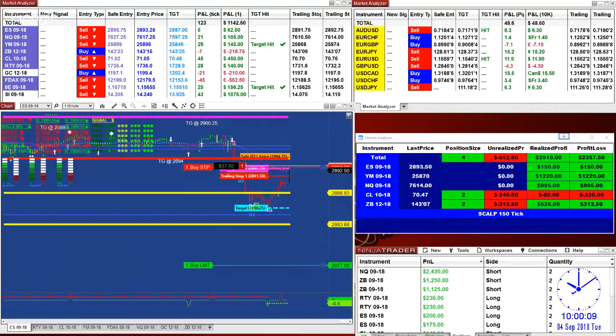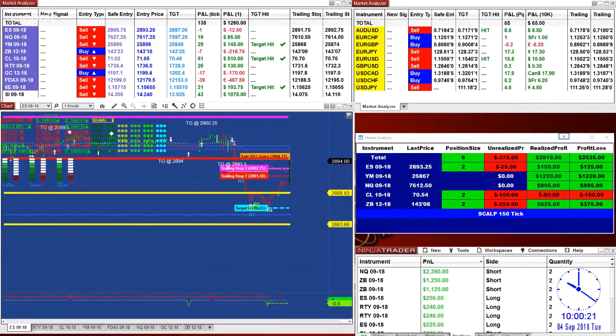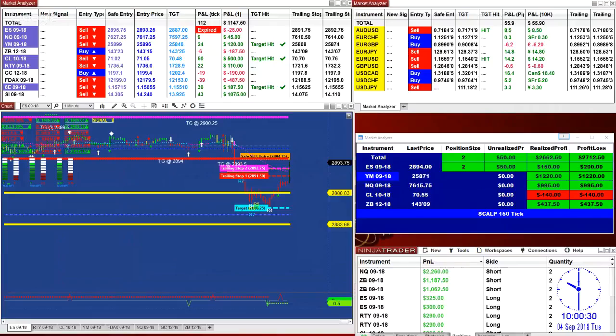If we would like to look at something other than the DAX, usually around the DAX trading, when Frankfurt is open, the Frankfurt Börsen, you can always find a good trade on the CL and the YM.